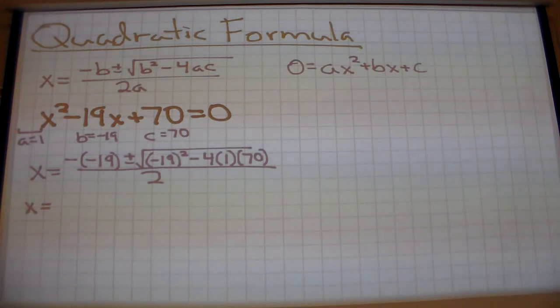And as we talked about before, really the hard part about the quadratic formula is simplifying the square root, especially if it's not a perfect square. Let's see what we get here.